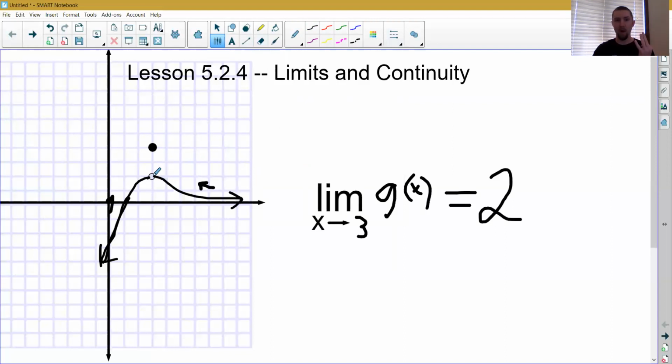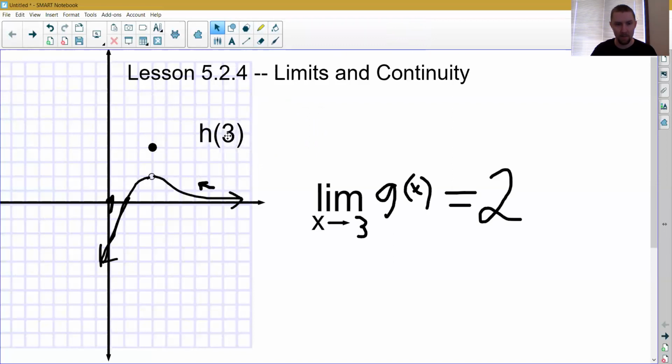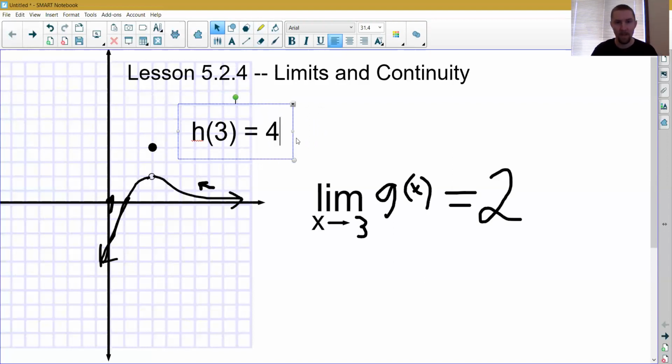It just happens to jump up, and it's defined at y equals 4. So in this particular case, for h of x, I could say h of 3, the value of my function h of x at 3, is equal to 4. That's the y value when x equals 3.